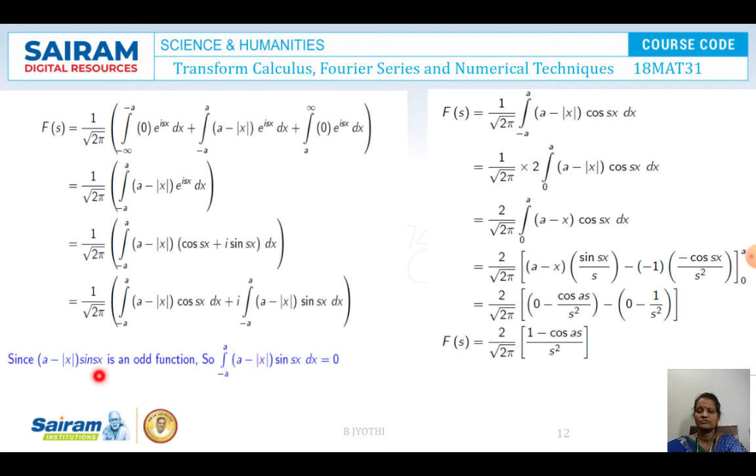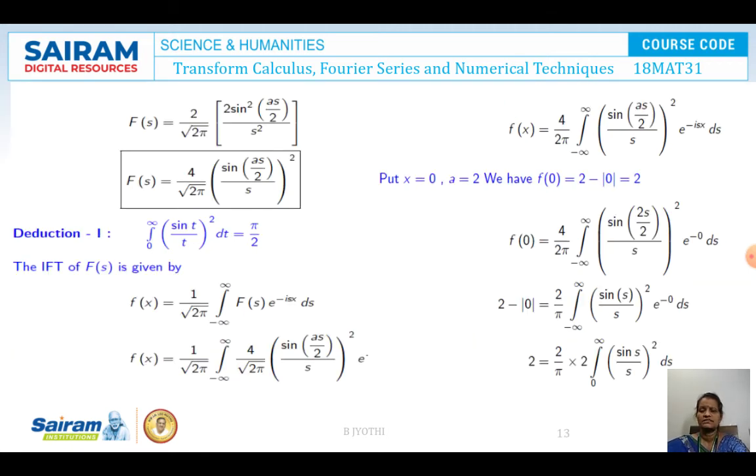Since a minus mod x into sin sx is an odd function, this part will be 0. We only need to integrate the cos part. And we can also write it as 0 to a, a minus x into cos sx dx, which on integration using Bernoulli's rule of integration, we get 1 minus cos as divided by s square.